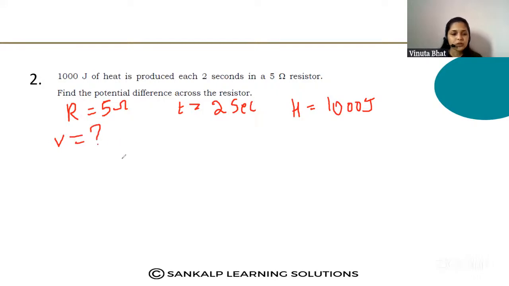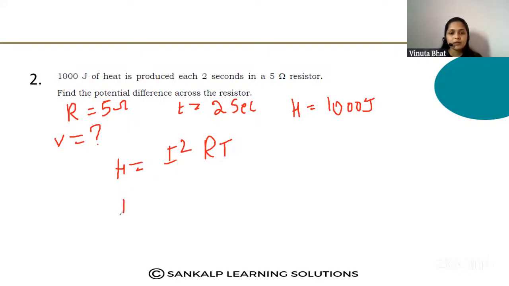So you can use one formula, that is H is equal to I square RT. Then we know the value of H and we don't know the value of I, and R and T value we know.